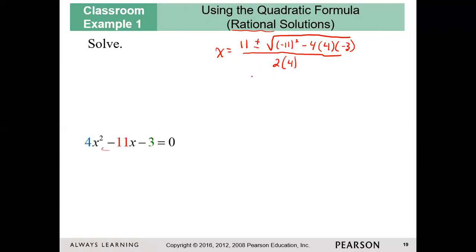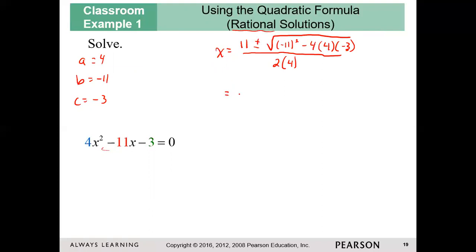So I've just substituted all my a, b, c's. Some students like to have their a, b, c's written up to the side here. So my a is 4, my b is negative 11, and my c is negative 3. So if that helps you, go nuts. They kind of color coded it for me, so it made things a little bit easier to keep track of everything. So let's start evaluating.